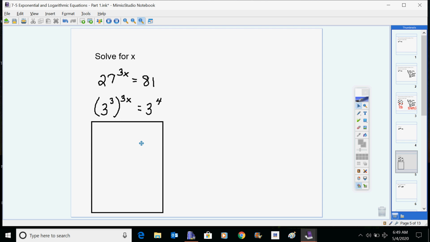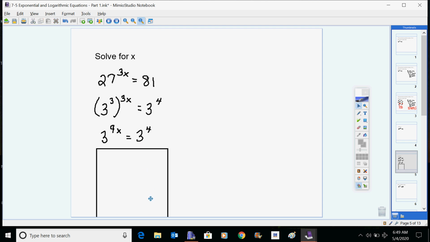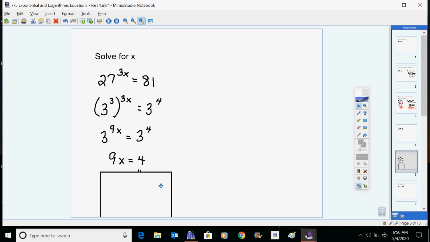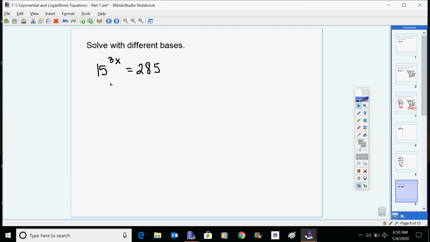Power to a power multiplies exponents. Both 3's to the same power in order to get the same number. So 9x equals 4, and x equals 4/9. So nice slick little way of solving problems that are convenient enough to have common bases.